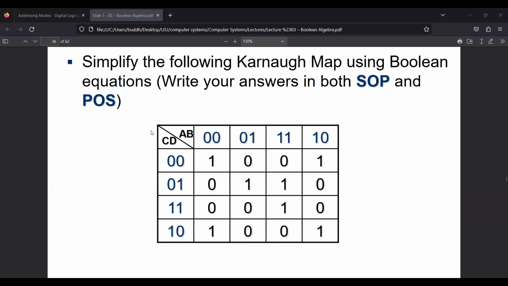So please do this example as well. Try to do it in both ways using sum of products and product of sums.